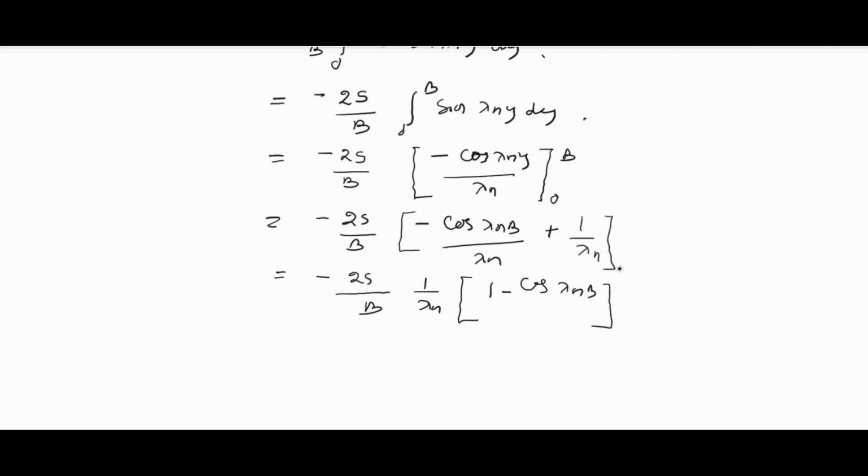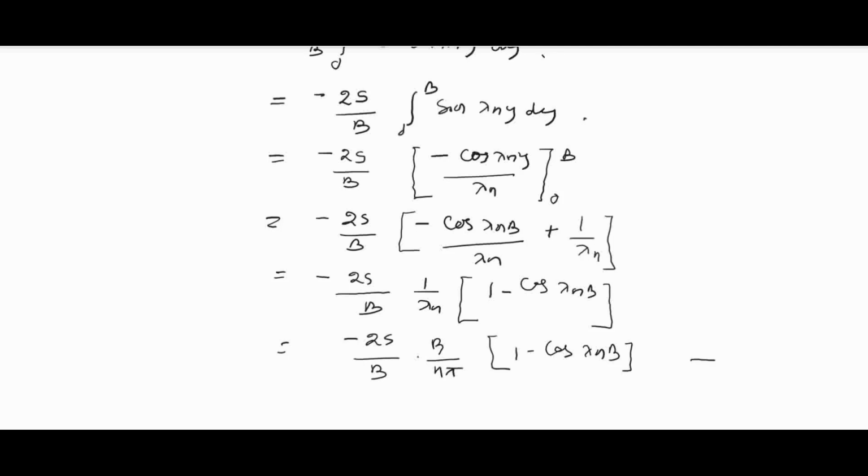Now cos lambda n b means what? N pi. Lambda n b means n pi. So we'll get this one as minus 2s by b, and lambda n means n pi by b, so b by n pi into 1 minus cos lambda n b.